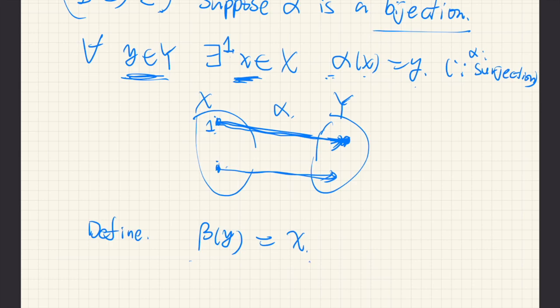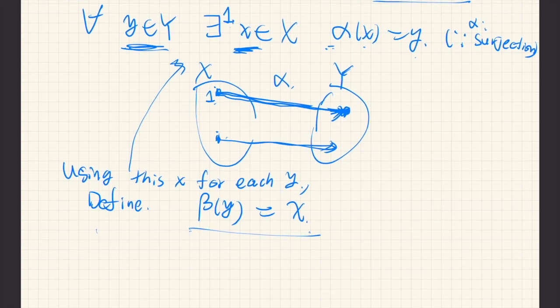Okay. Using this X for each Y, define this map. So this is defined for every element in Y, right? And this X is determined uniquely for each Y. Therefore, this beta is well defined.